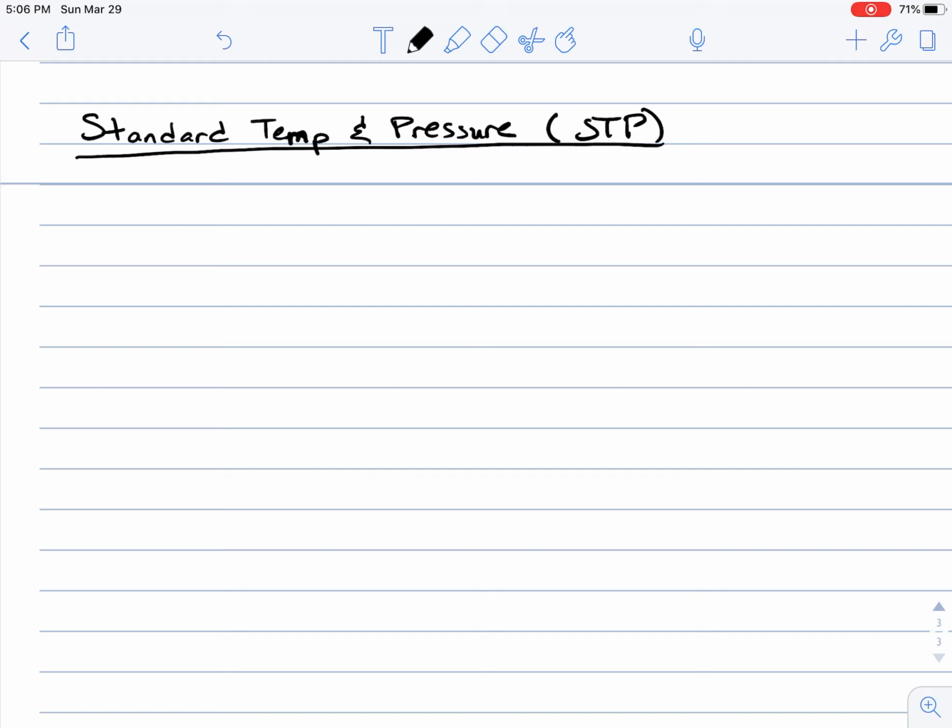So the standard temperature, let me go ahead and write that down. I'm going to put in the standard temperature is going to equal 0 degrees Celsius.